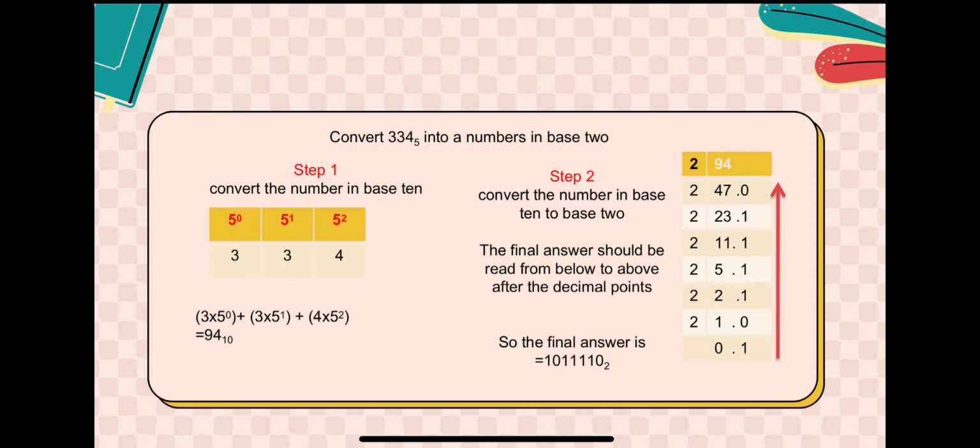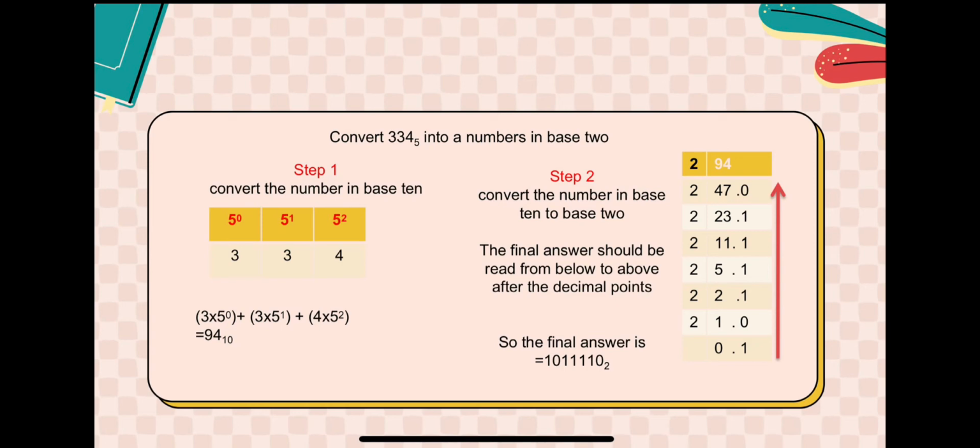So divide 94 by 2, and we get 47 with remainder 0. We have to take the remainder in each division, because the remainders are the final answer in this base.